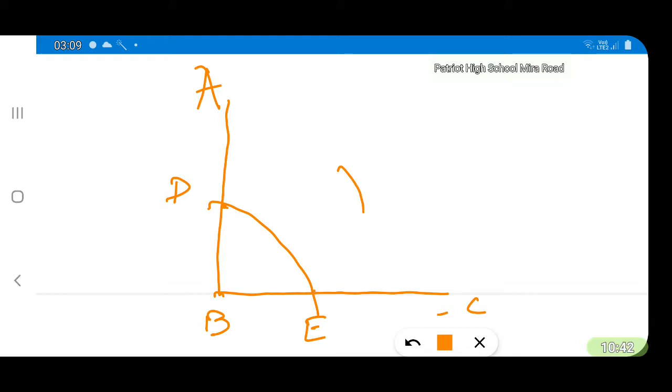With E as a center, draw another arc with the same radius to cut the earlier arc in point O. Join BO. So BO is the angle bisector. So you get angles of 45 degrees each, 45, and the other half will also be equal to 45 degrees.